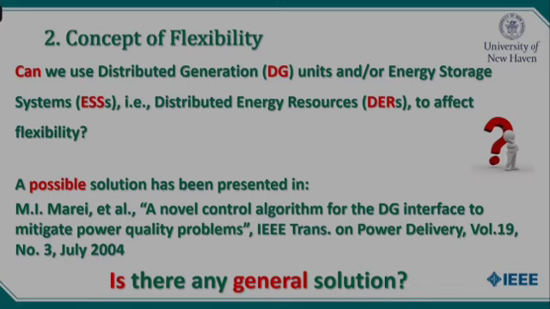This is the important question which must be responded to. Searching the literature, you can see a possible solution was presented in 2004 in a paper published in IEEE Transactions on Power Delivery. But now we have another question. Is there any general solution, not limited to the one presented in this paper? Next slide, please.